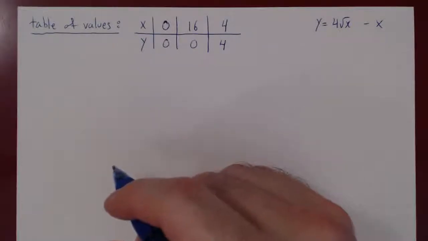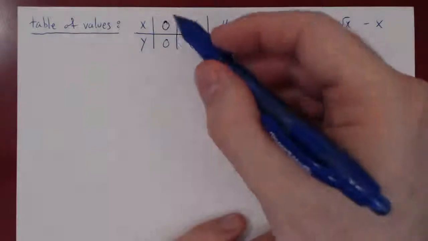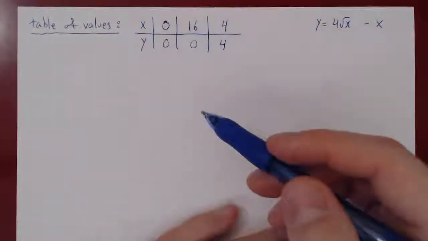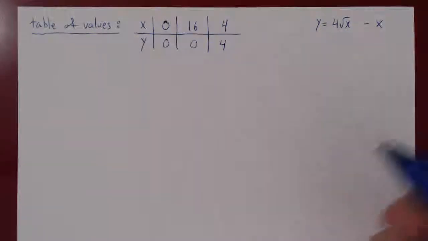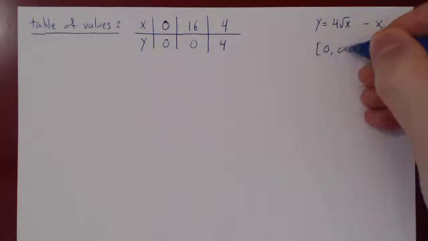And for inflection points, the only point that could have been an inflection point was where the derivative was undefined, which was x equals 0. So here we only have initially 3 points of interest. Let us now look at the sketch of our function. Here we don't need to sketch the negative part of the real line because we know that the domain of the function is on the non-negative real axis.